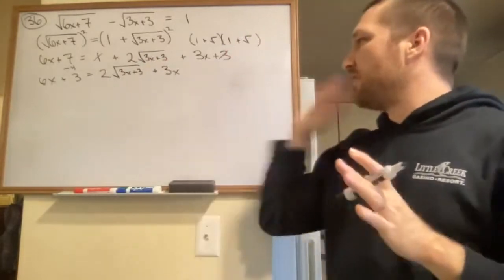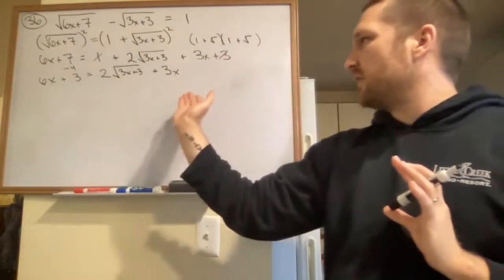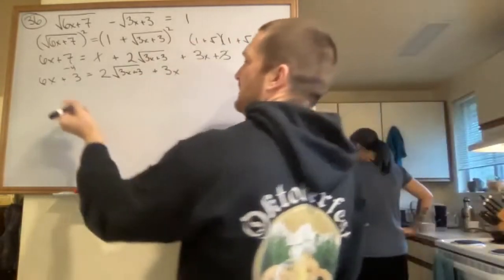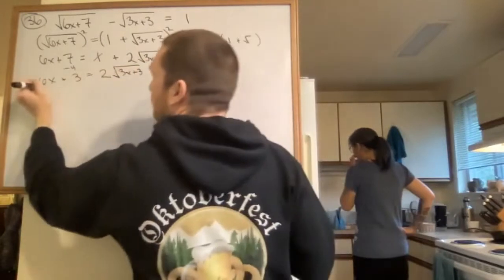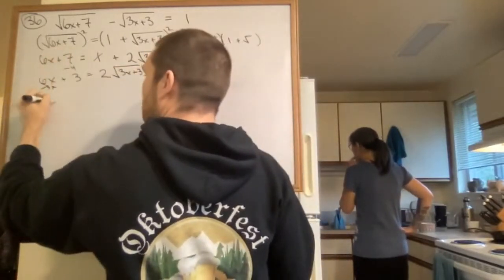Now let's get the 3x over there. So I'm going to subtract off a 3x from both sides, leaving me a 3x over here.